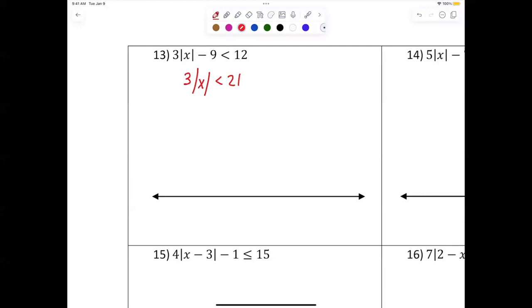Here you go, Colton. We're trying to help you out, bud. Good catch. Shh. Palmer. Now divide by 3. What do I got? X is less than 7. Absolute value of x is less than 7.